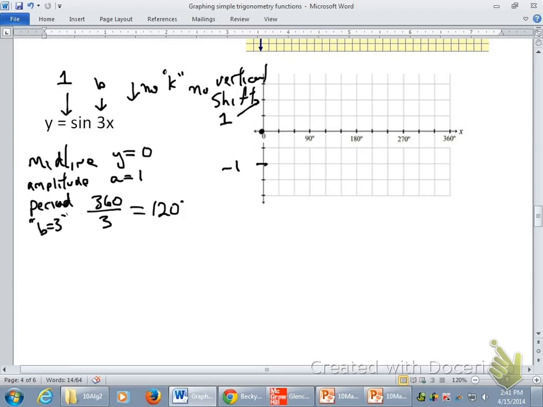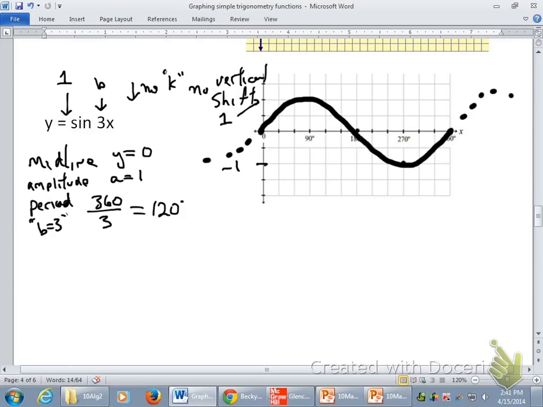So it starts at 0, goes up to 1, back down to 0, down to negative 1, and back to 0. In other words, it looks like this. Of course, it does keep going, and it does repeat itself. That's my normal sine curve.